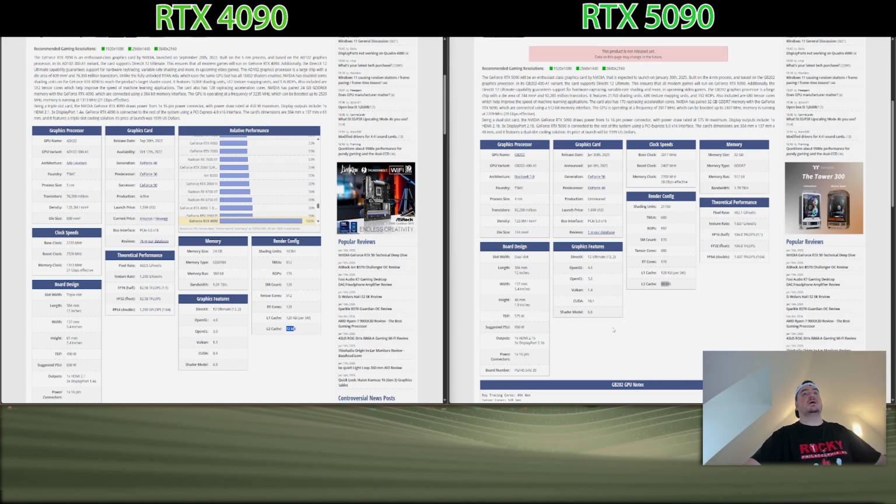So those AI frames that people tend to not like very much will come from the enhanced AI capabilities of the 5090 compared to the 4090, especially DLSS, and that's how you will get more frames. But in terms of processing power, it's just 30%-ish.